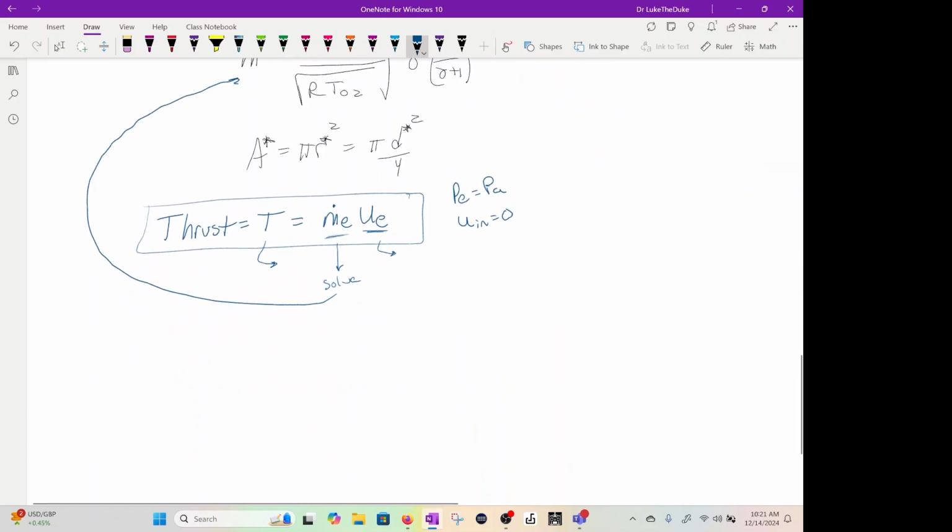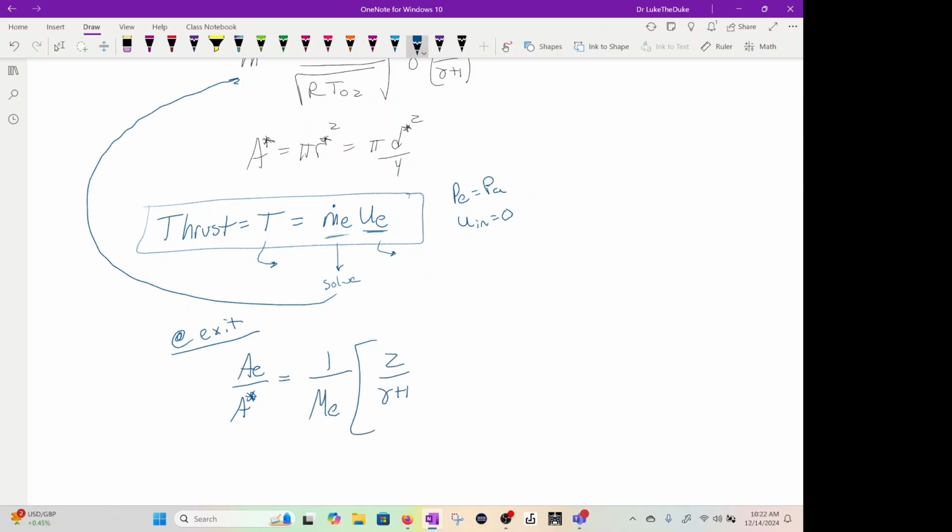Okay. Then if we want to know, again, this is a lot of derivation. I may make a video on how to find this one. But at the exit, you can find this exit area, AE over A star, which is 1 over ME, bracket, 2 over gamma plus 1, 1 plus gamma minus 1 over 2, ME squared, bracket, raised to gamma plus 1 over 2, gamma minus 1.